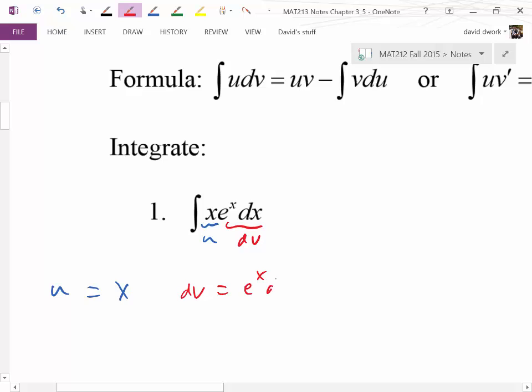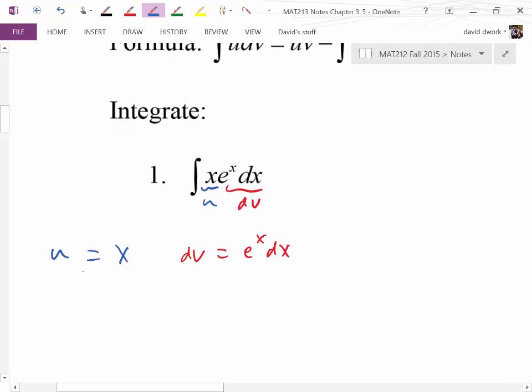Now, of the thing that I let be u, I'm going to take the derivative. The derivative of u is u prime, and the derivative of x would be 1 dx. Or you could use the du notation instead of the prime. Whatever you like. I'm going to go with the prime since that's how I wrote it up there.